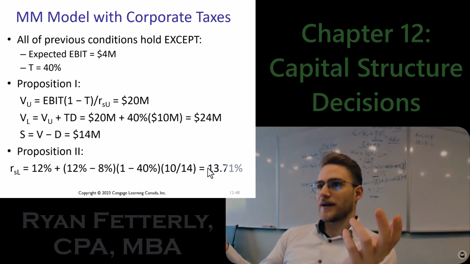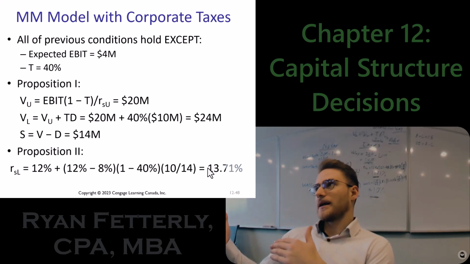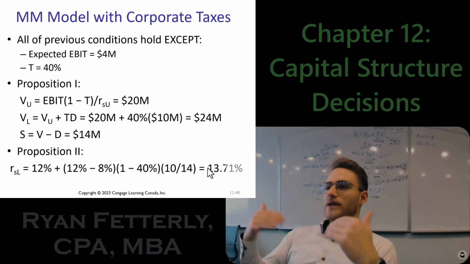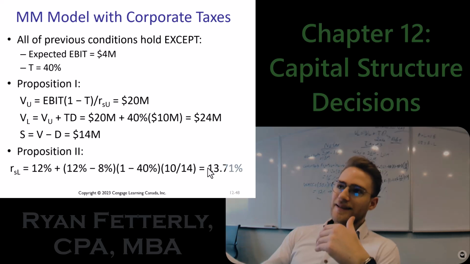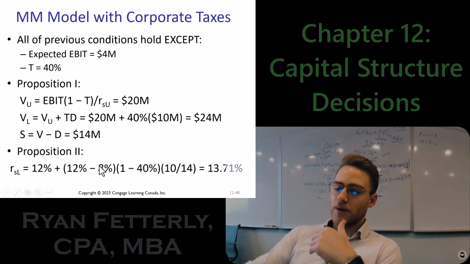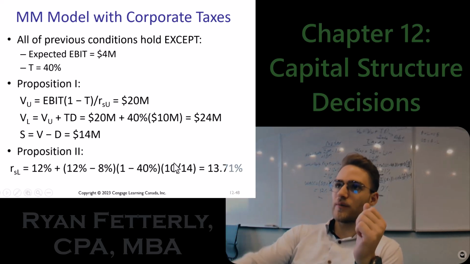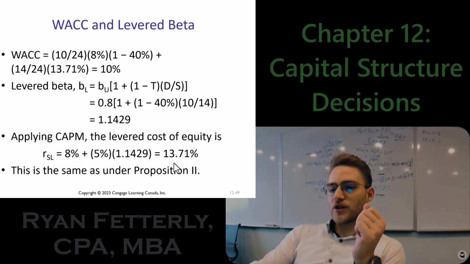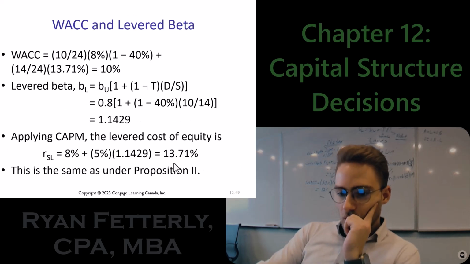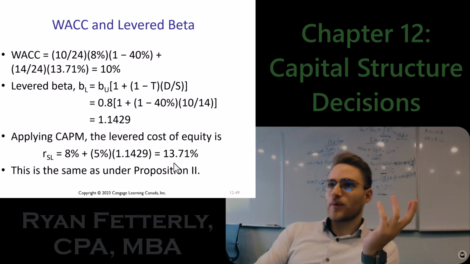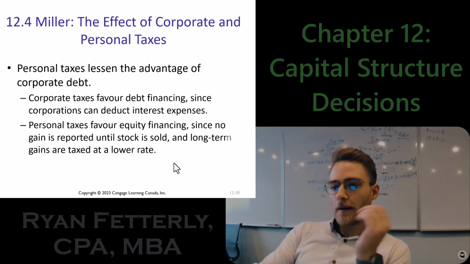It all ties in. If I go one way and convert my beta and then redo the CAPM equation, I get the same answer as if I use this equation instead to convert my required return for my shareholders. So this is the exact same under Proposition 2, and it proves itself.